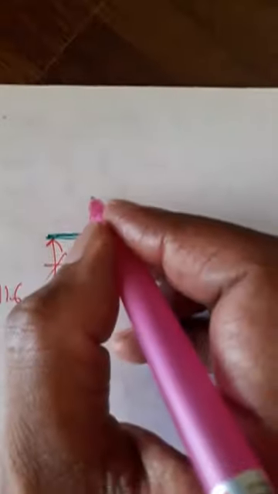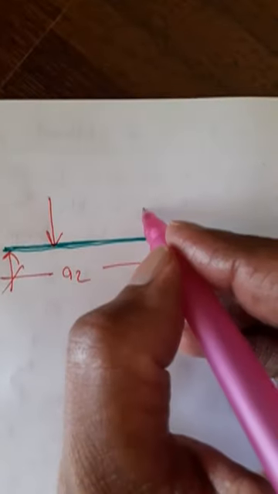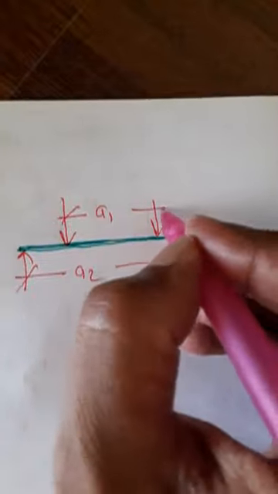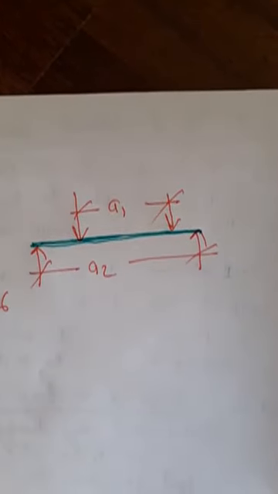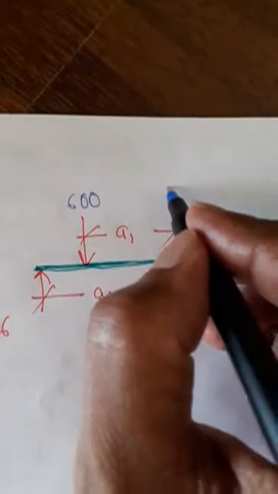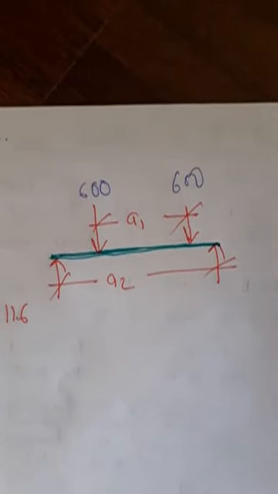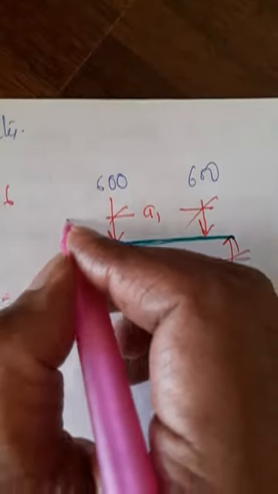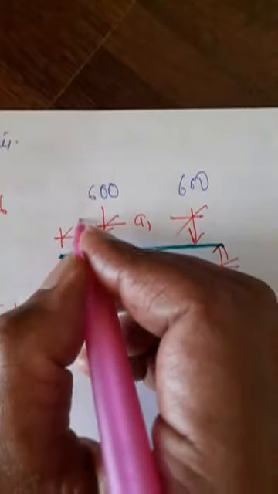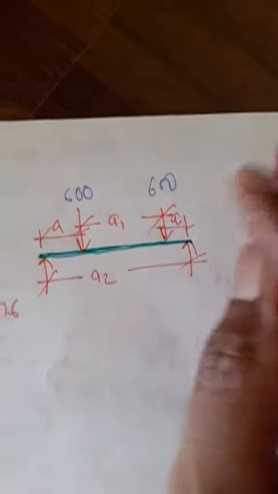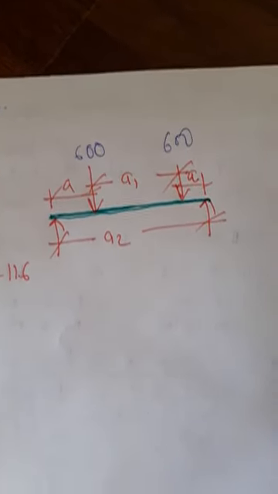Now top loads, let that distance be A1. Load through each of the flange, W is 600 kilonewtons and 600 kilonewtons. Let this dimension be A. Now I will find out A1, A2 and A.